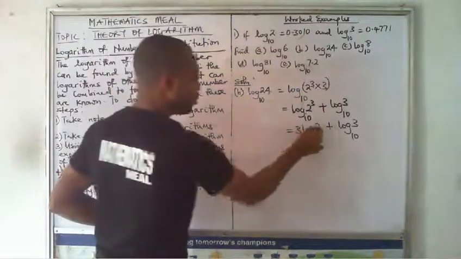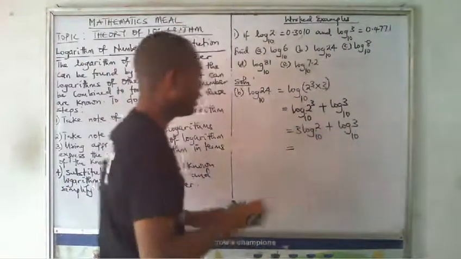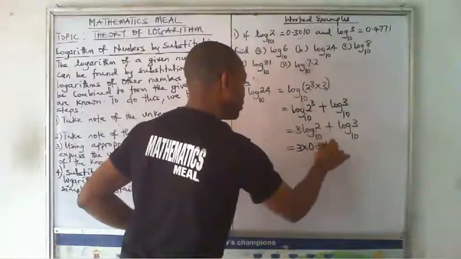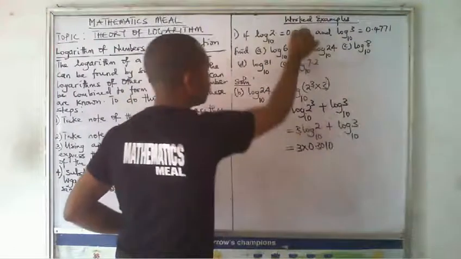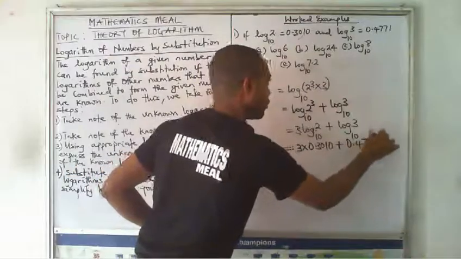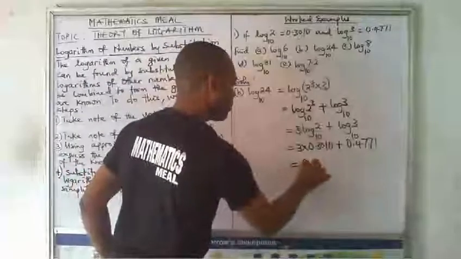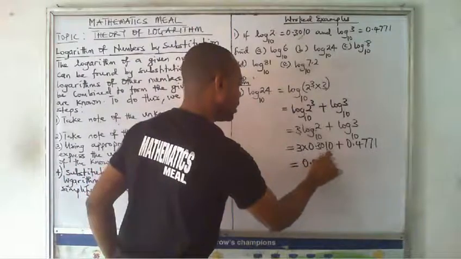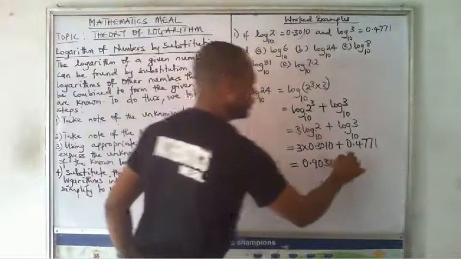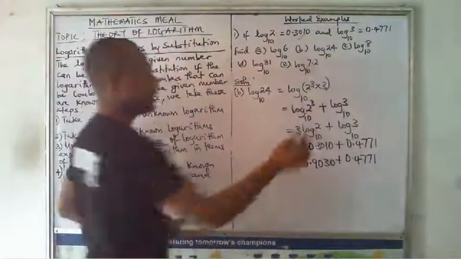So if we substitute for log 2, what do we have? We have 3 times 0.3010, since this 3 is multiplying log 2, plus 0.4771. Beautiful. When 3 multiplies this, we have 0.9030 plus 0.4771.